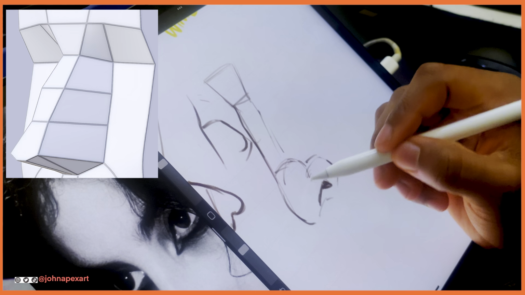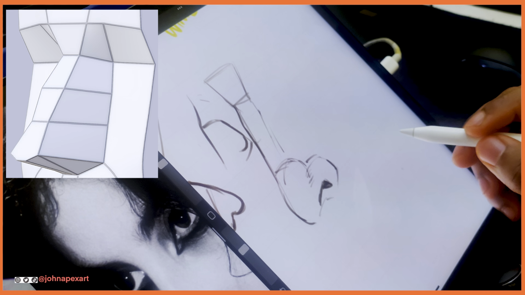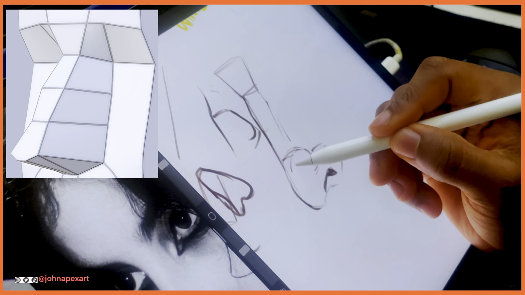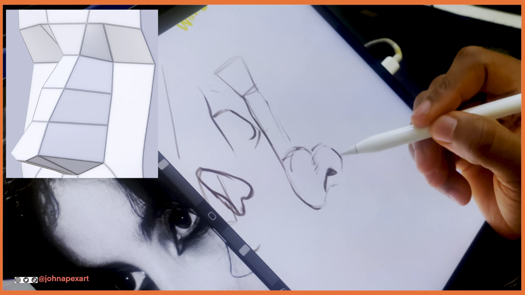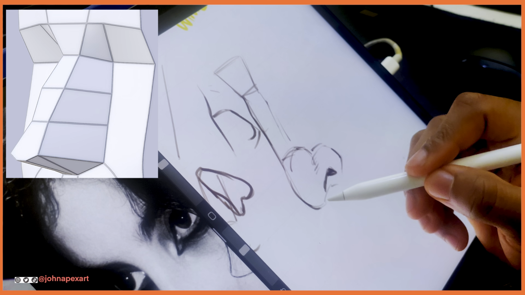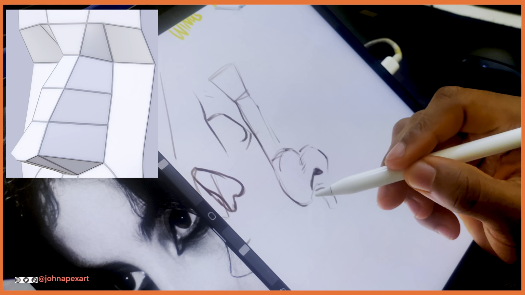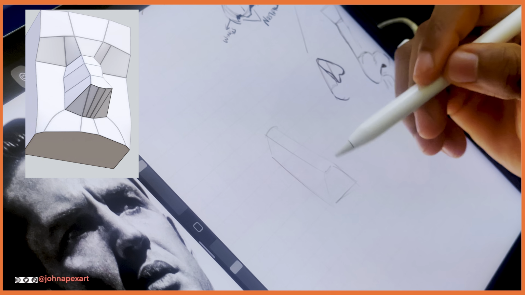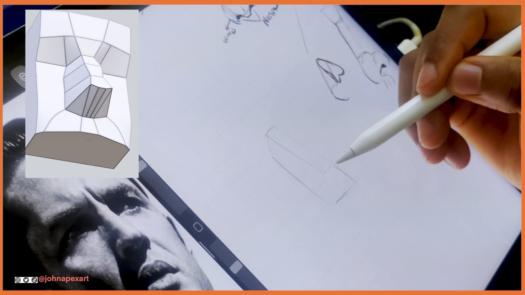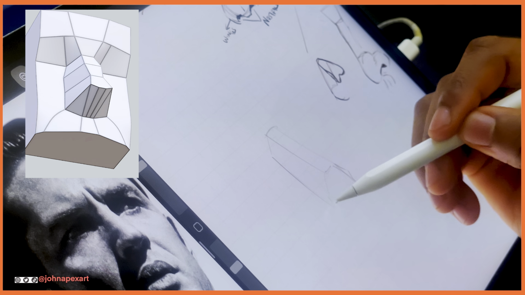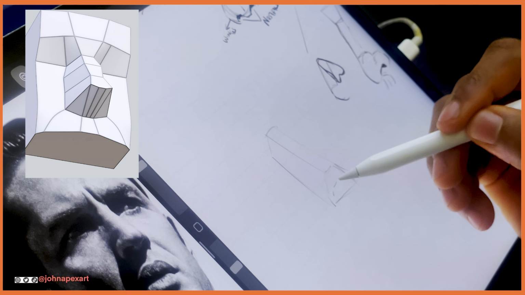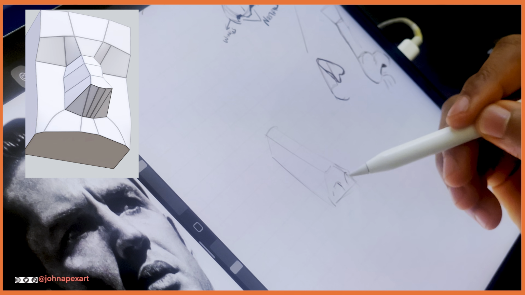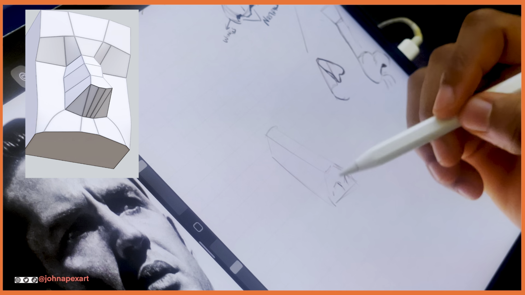Which I personally think is an overly dignified term for something that brings out mucus. But anyways, we have our ball, lower cartilage, and the wings of the nose, and then our philtrum over here. You can see how the structure has just helped me to break down his nose so very easily. The angles are much easier for me to tackle.